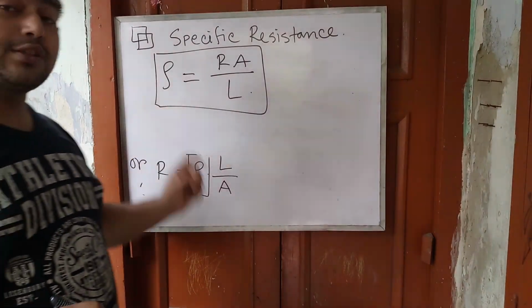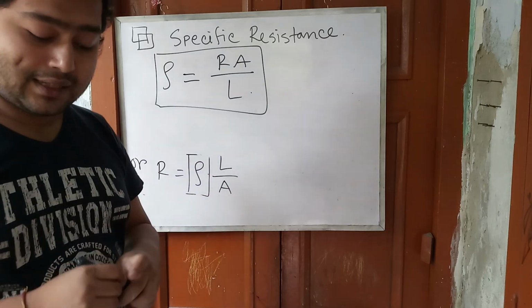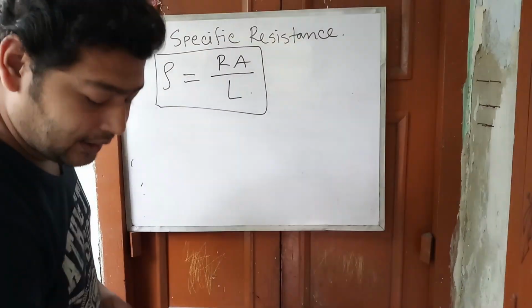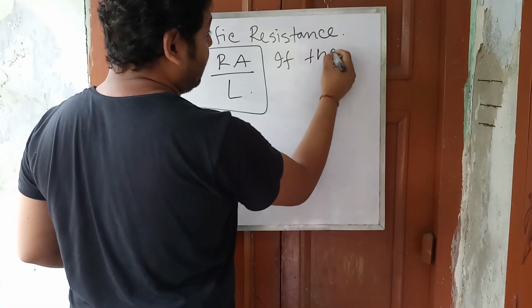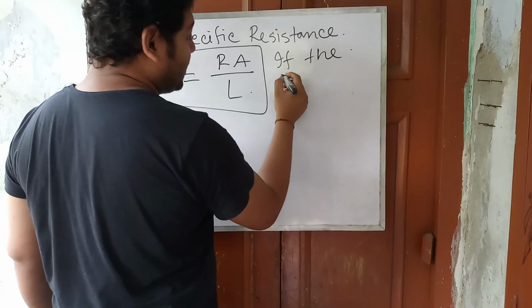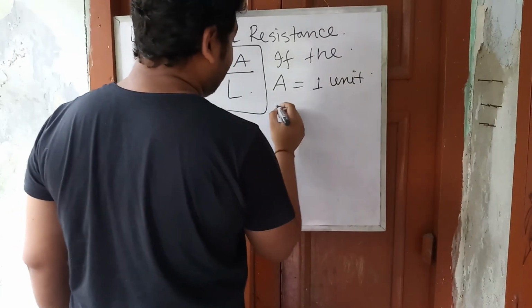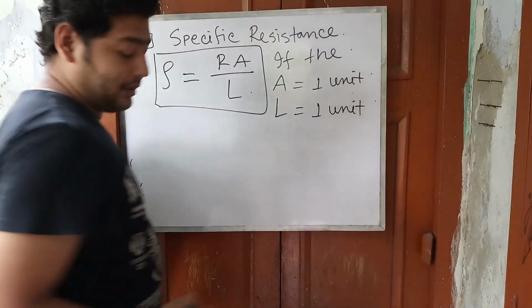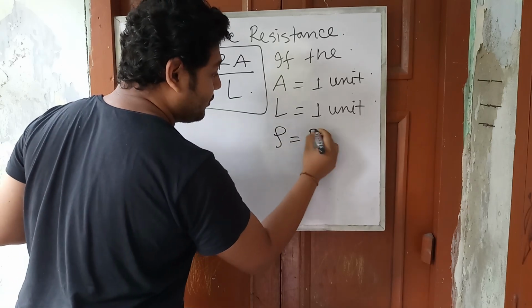By this, we can define specific resistance as: if the cross-sectional area is 1 unit and the length is also 1 unit, then we can write rho equal to R.